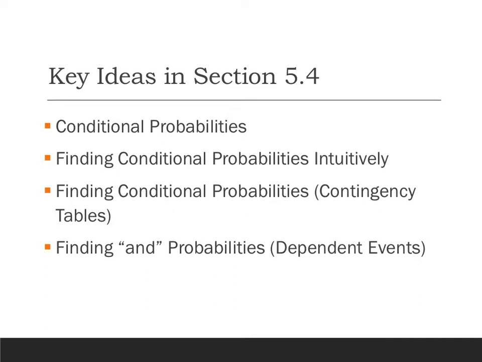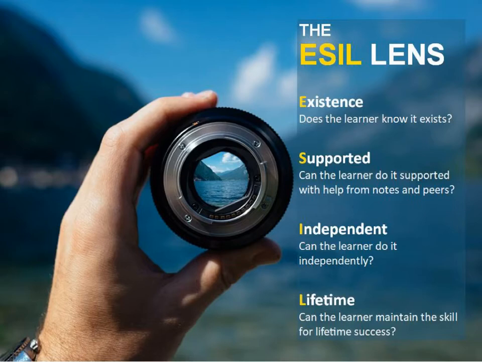Okay, in this first video, we're really just going to talk about the basic idea of conditional probabilities, and then we'll actually do some examples in the second video. Once again, here are our formulas, and we're not really focusing on memorizing them, just knowing that they exist.